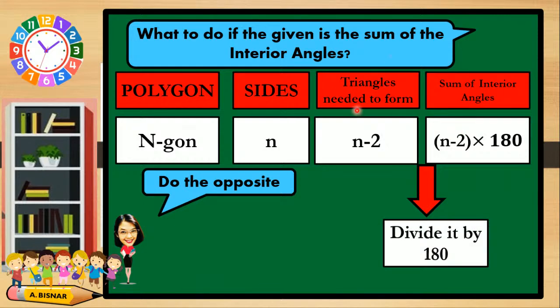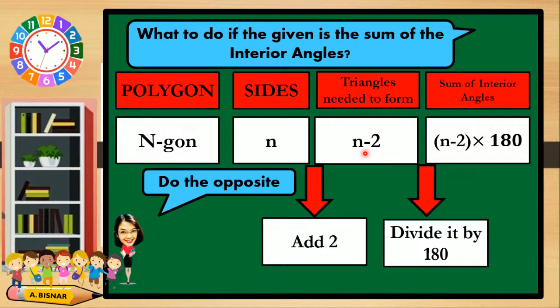And if a while ago you subtract, ano naman yung gagawin? After you divide, you will, that's correct, you will add. So, ito naman yung gagawin. Tandaan ha. Sige, I'll send this to our group chat.